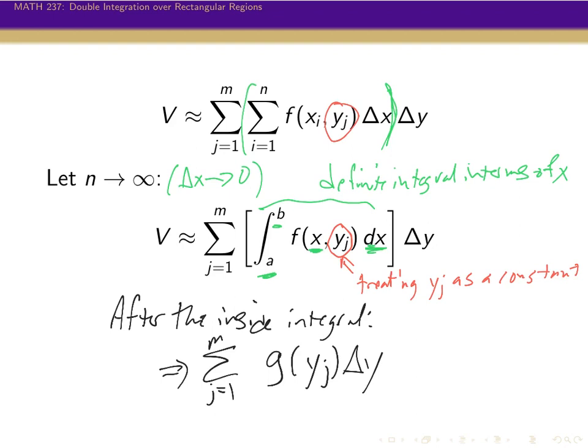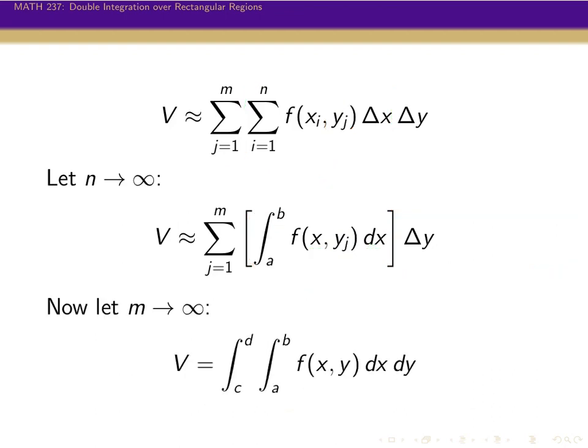Right, and so this g of yj here, this is what we get by doing this definite integral. And so then if we let m go to infinity, then we have what we got from doing the inside integral. After we do that, everything's just going to be in terms of y. And then we integrate that in terms of y with the bounds going from y equals c to d.